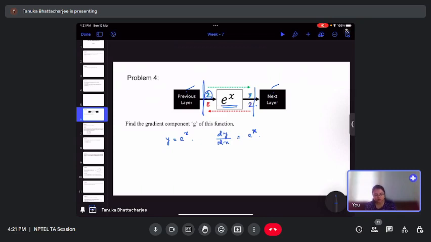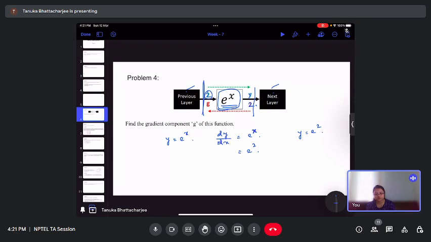So, your output y in this case is basically e square. And your derivative, that is dy dx, that is again e to the power x, so that will also be e square. So, the gradient due to this particular box is e square.